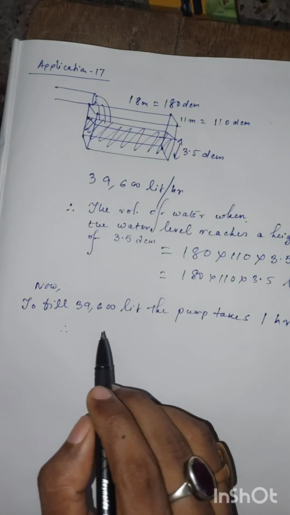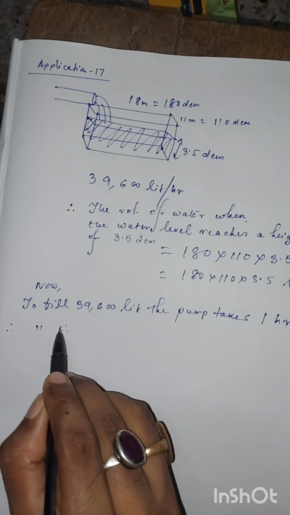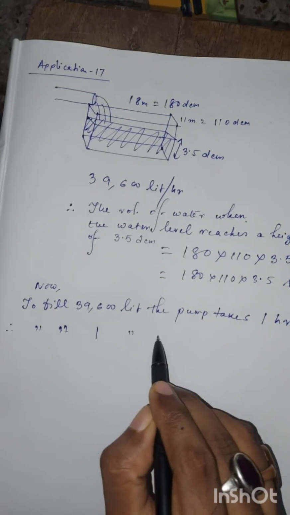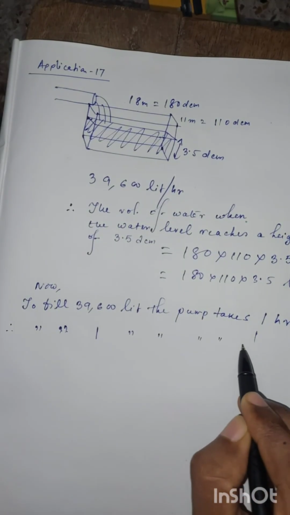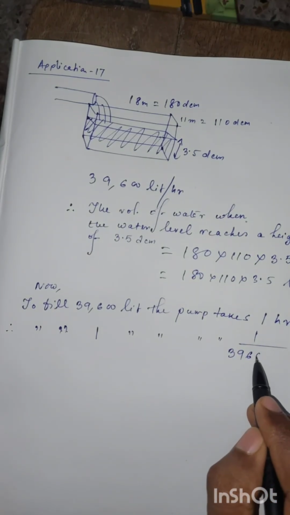Therefore, to fill 1 liter, the pump takes 1 by 39,600 hour.